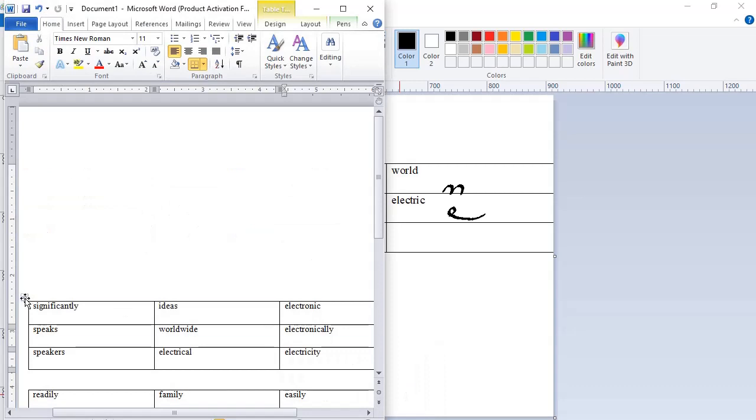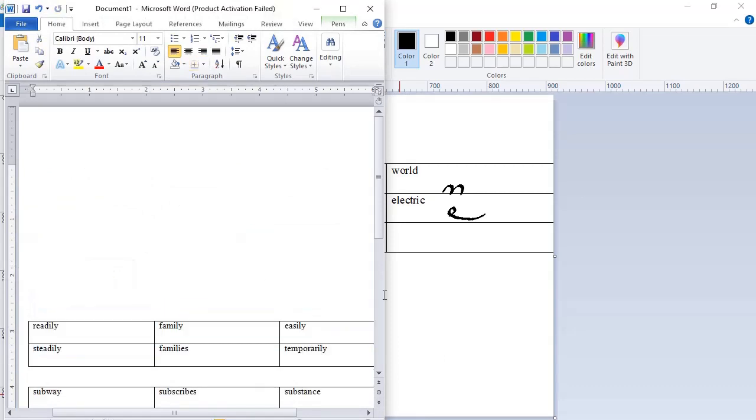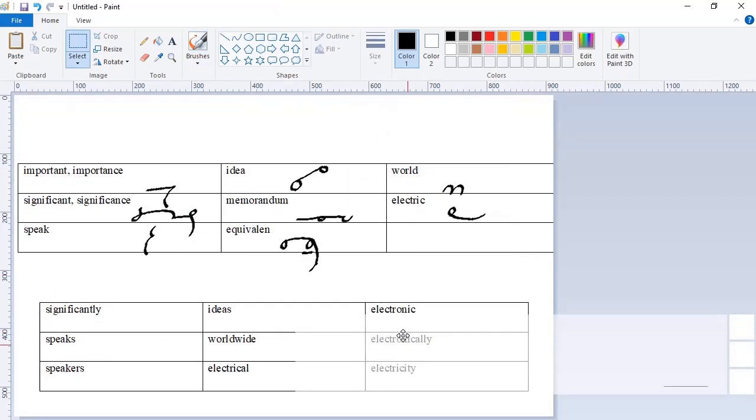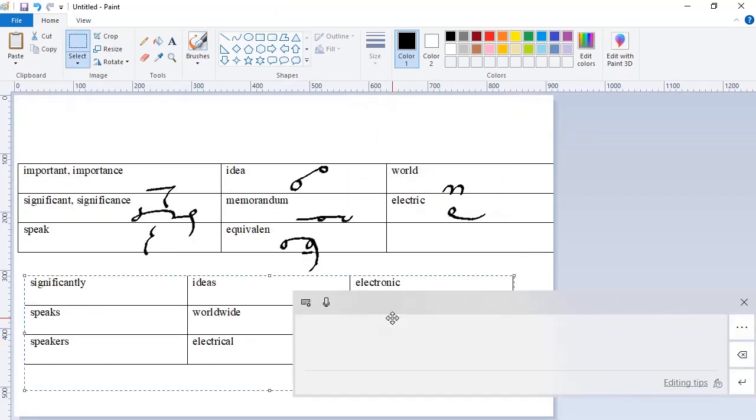Okay, so now let's move on to our brief form derivatives. Ating brief form derivatives. Okay. So first we have significantly. Significantly. Okay, so significantly, we have our significant na S, E, G, N, E, F, and then yung ating li. Just add li.